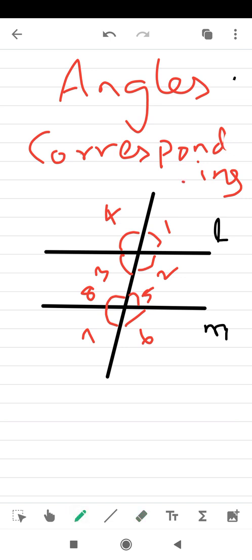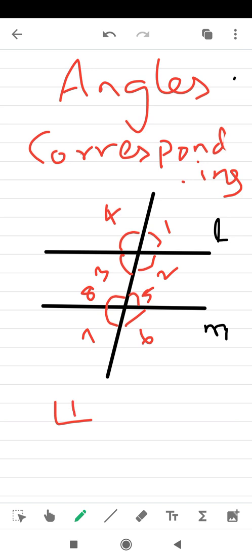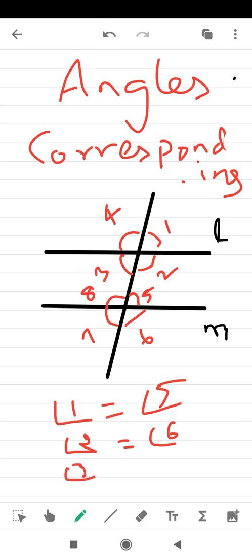The four pairs of corresponding angles are: angle 1 and angle 5, angle 2 and angle 6, angle 3 and angle 7, and angle 4 and angle 8.